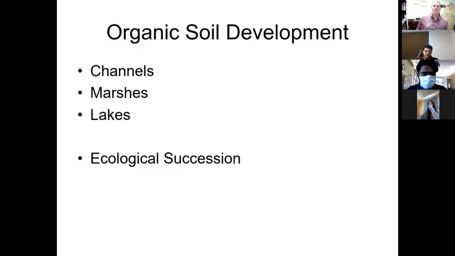One of the things that I wanted to focus on today a little bit is how organic soils develop. Now, I need to make something perfectly clear here. In our society anymore, when we talk about organic this, organic that, a lot of the times it means that it's made or produced without chemicals or things like that.